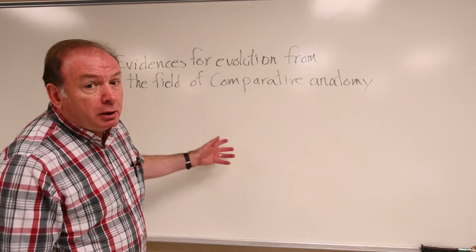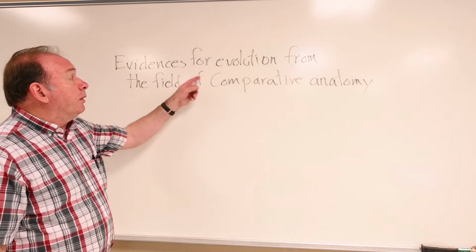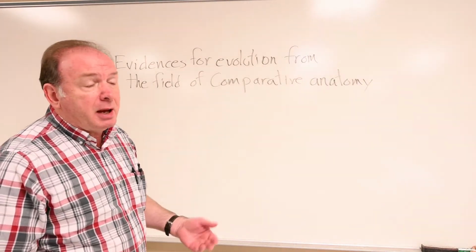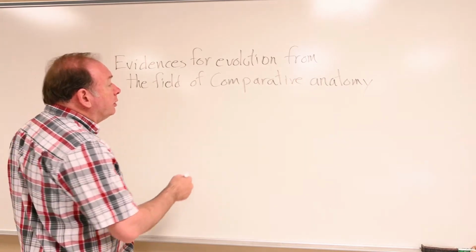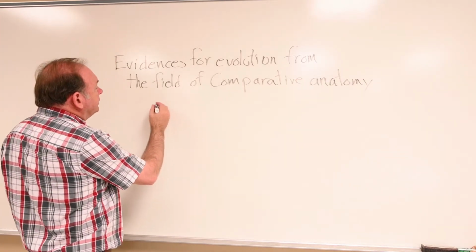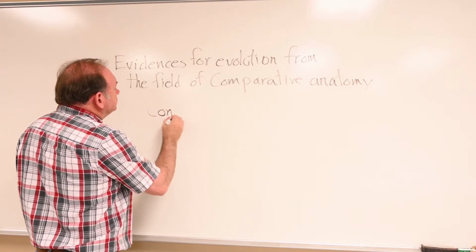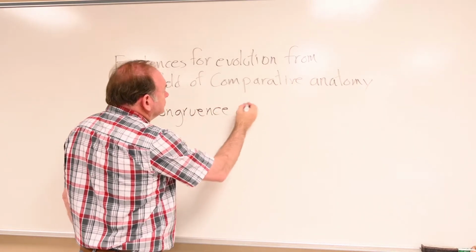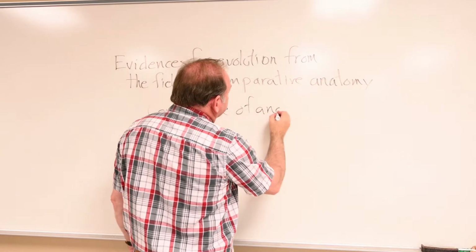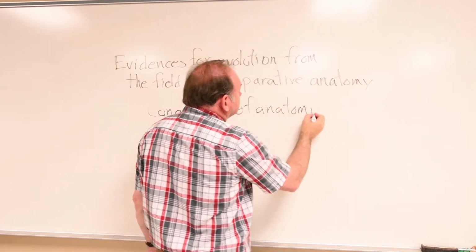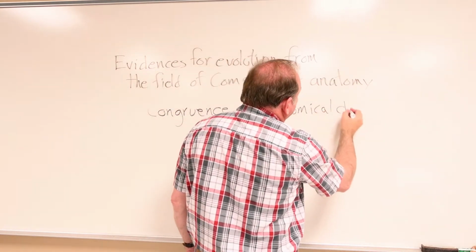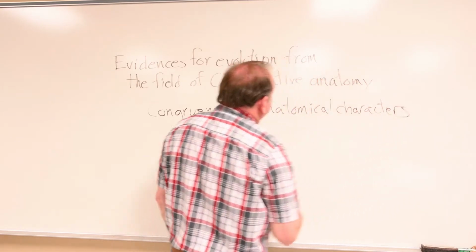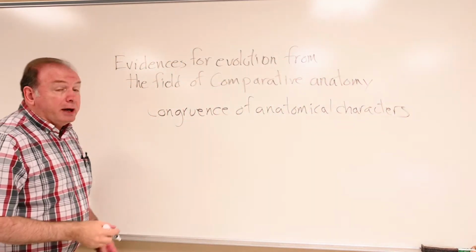All right, now we're going to look at evidences for evolution from the field of comparative anatomy. And the first type of evidence is what I call the congruence of anatomical characters.